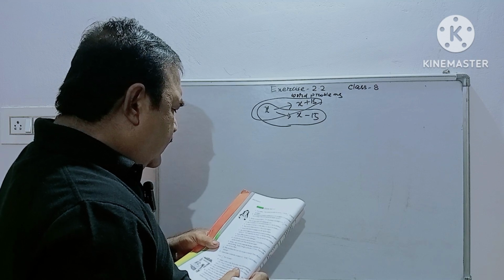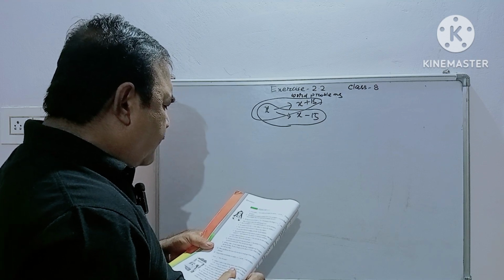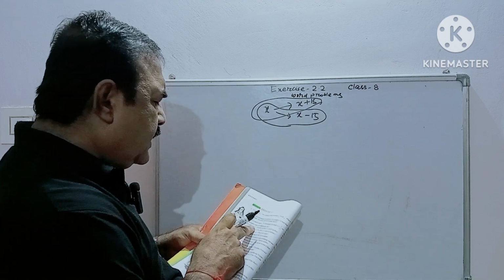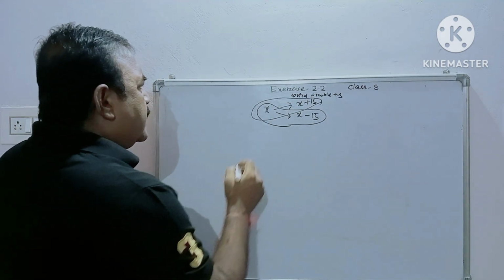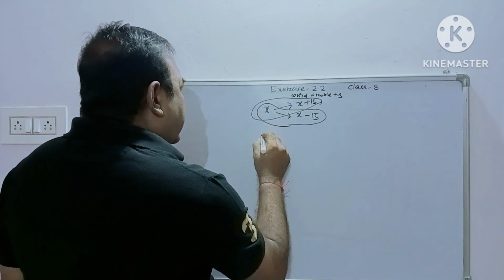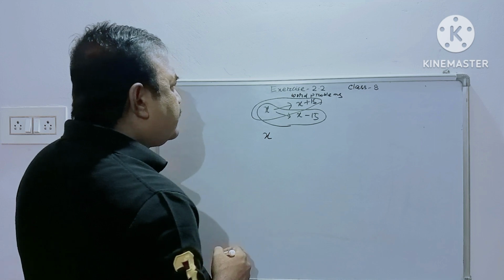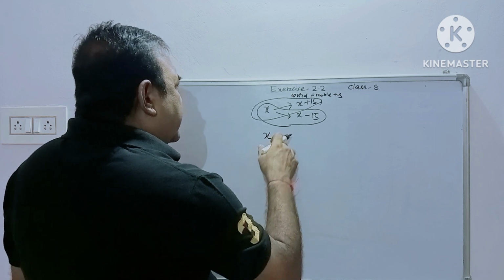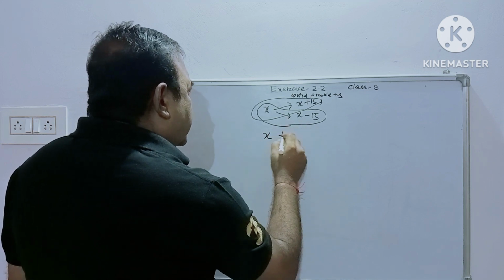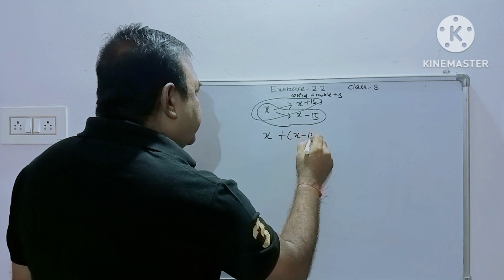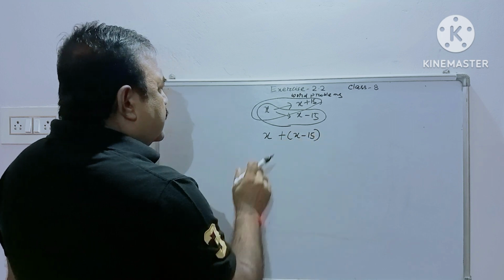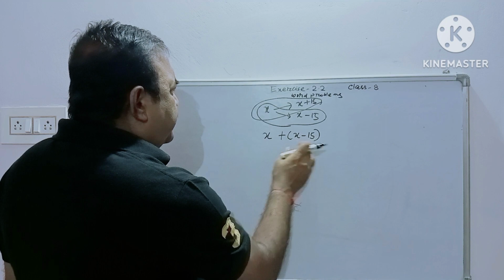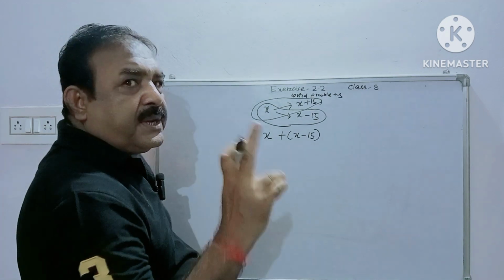So sum of two numbers is 95. According to the question, we got the equation here. The sum of two numbers, suppose I take one number as x and the other number as x minus 15. So x plus x minus 15. The difference between x and x minus 15 is 15, or not?